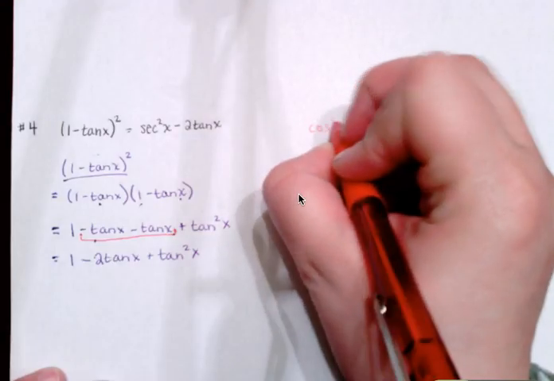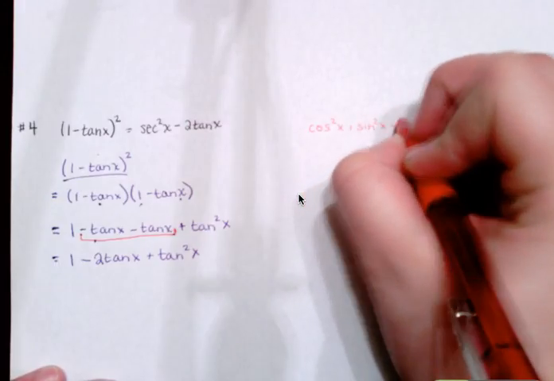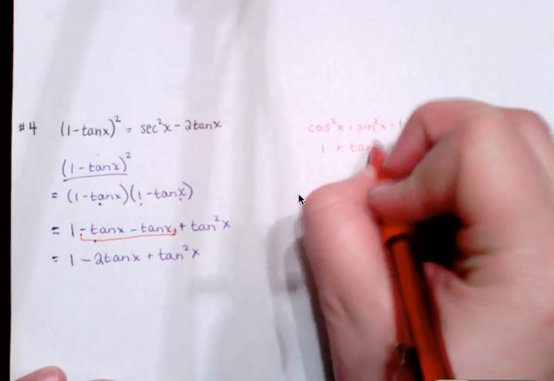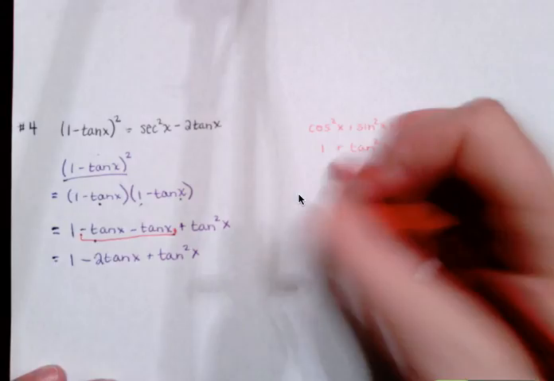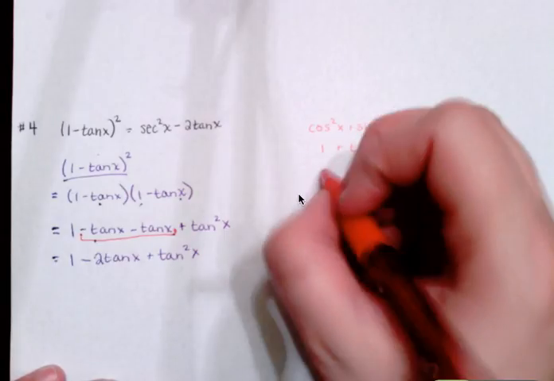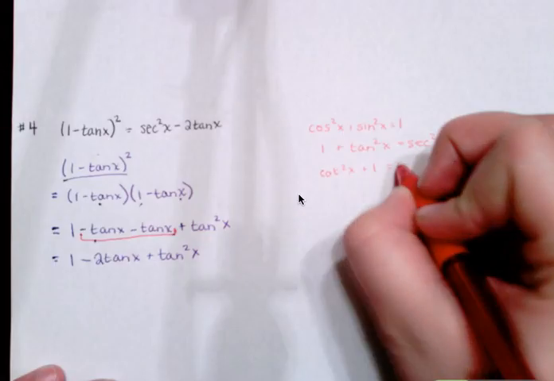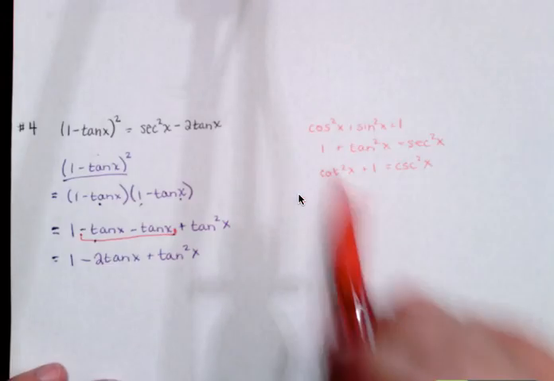We have cosine squared x plus sine squared x equals 1. We have 1 plus tangent squared x equals secant squared x. And we have cotangent squared x plus 1 equals cosecant squared of x. So these you should always keep in the side of your brain.